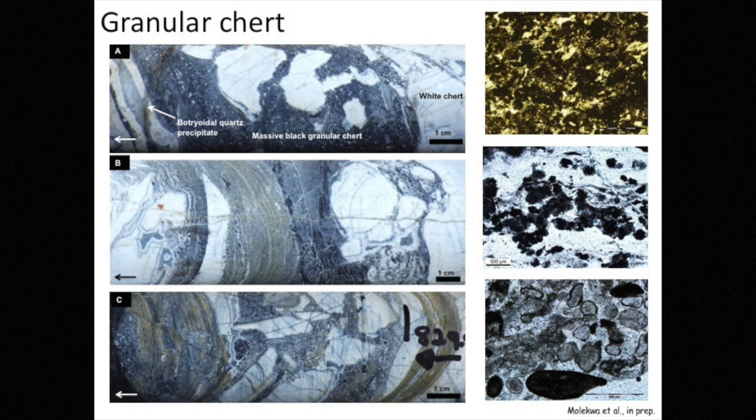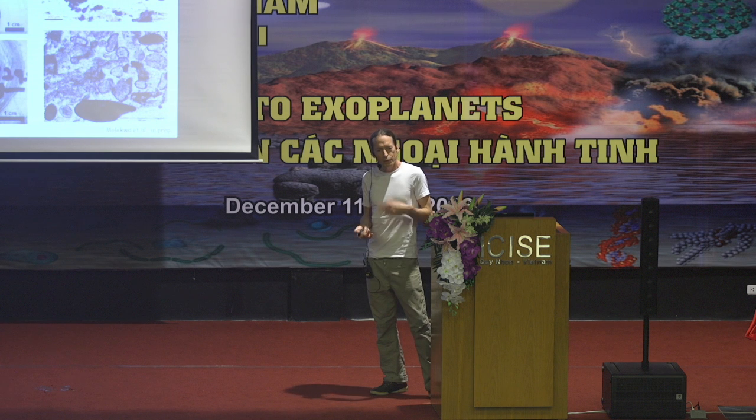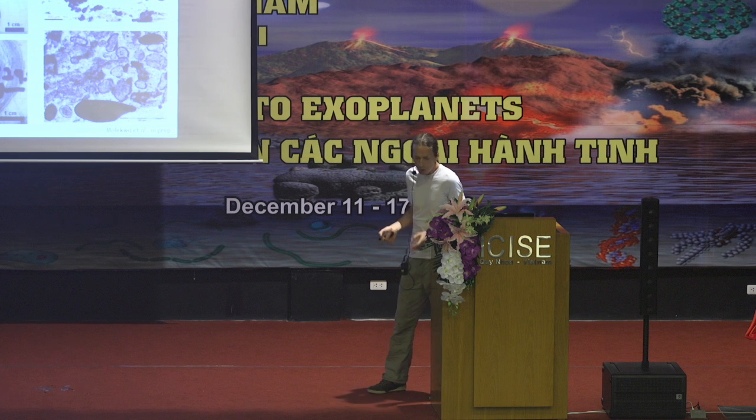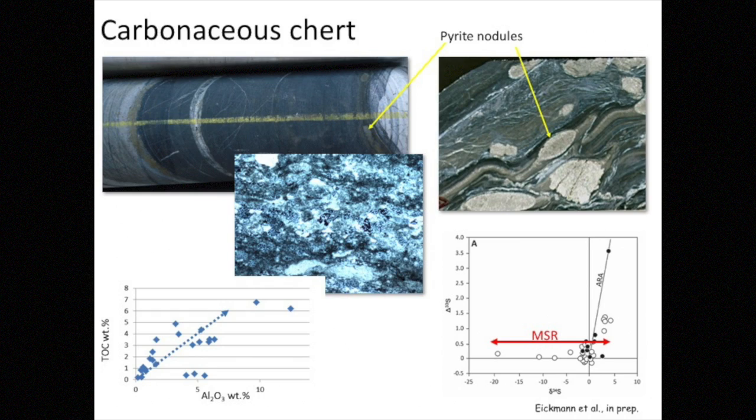You see there's lots of evidence for fluid movement, soft sediment deformation, and there is probably to some extent a hydrothermal fluid component that was able to mix and disturb these rocks as we see them now on the drill core.